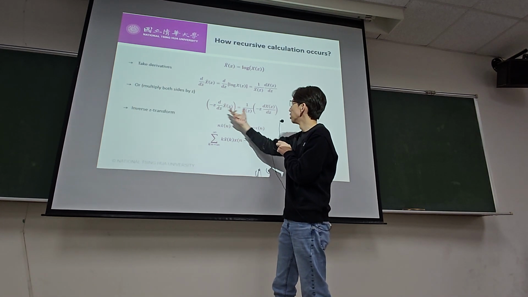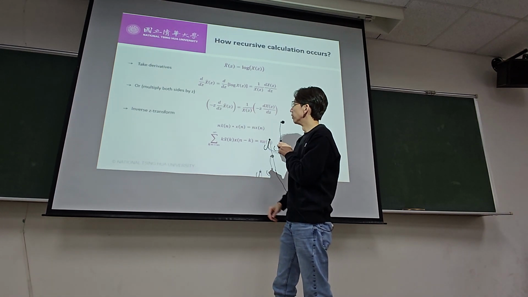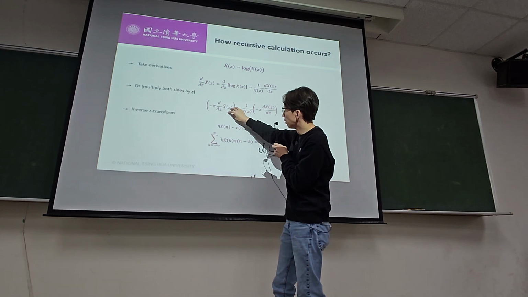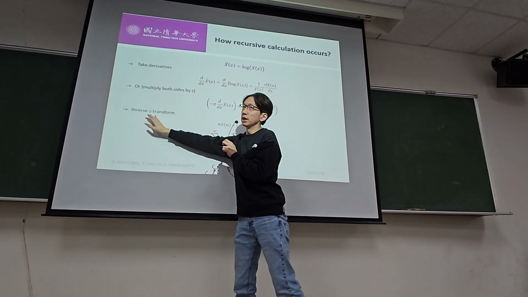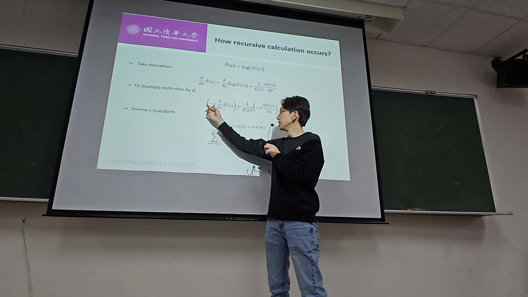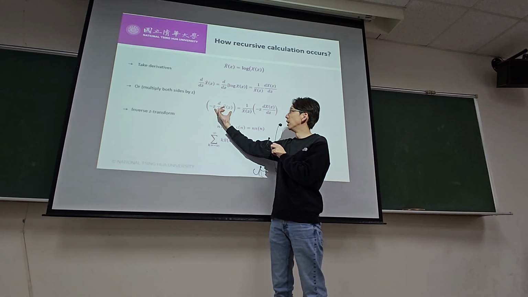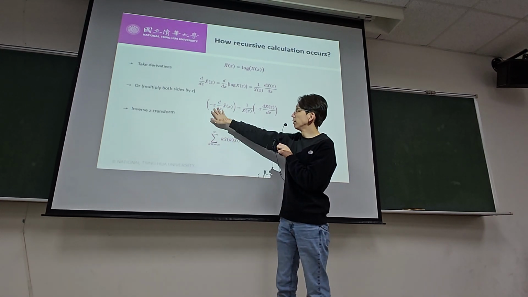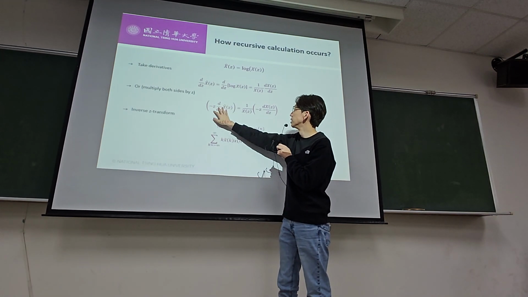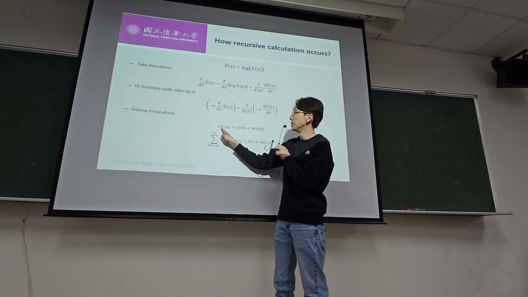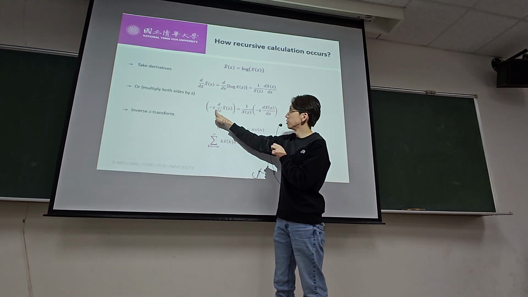Now you have this term and this term multiplied by 1 over x of z. Take this x of z over here and try to do an inverse z transform. Multiplying by minus z d/dz gives n times the inverse transform.